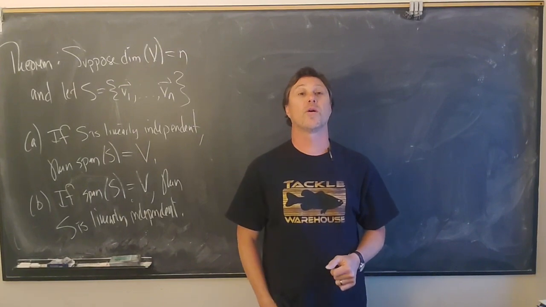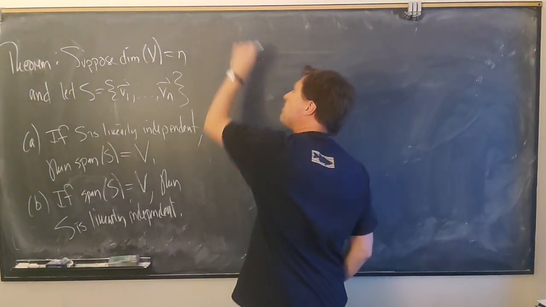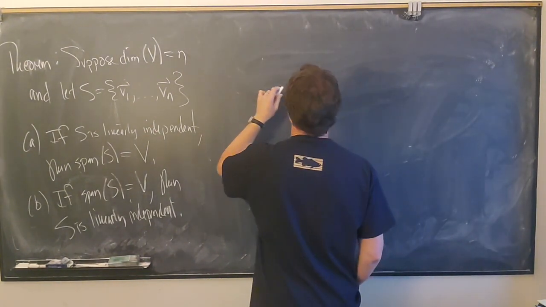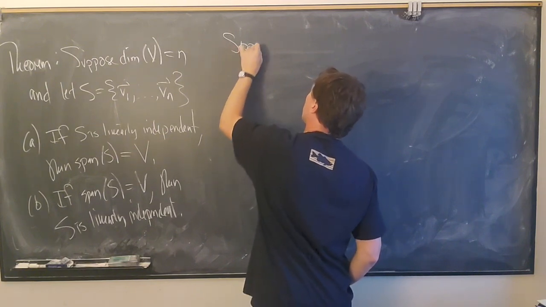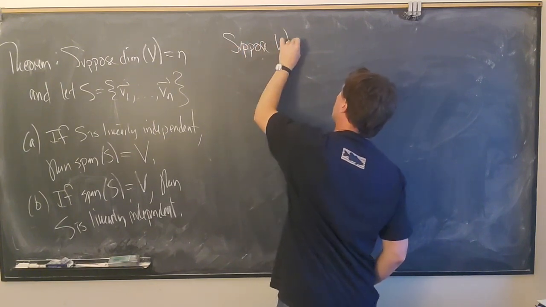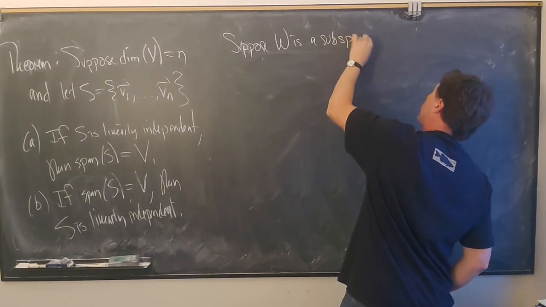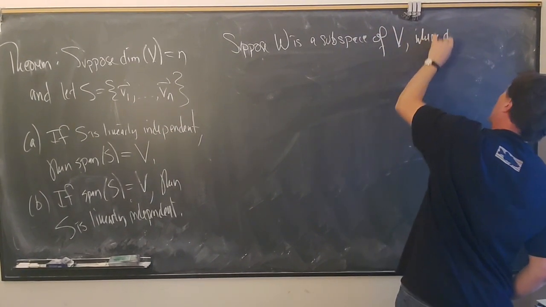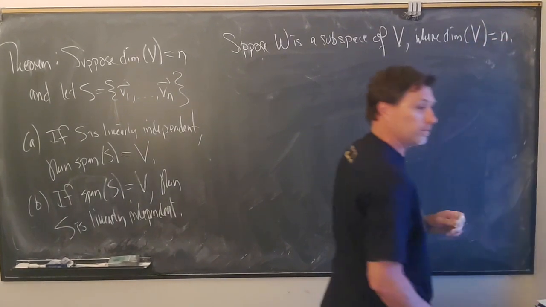All right, so I want to finish off with a discussion of how dimension works with subspaces. And so suppose W is a subspace of V where the dimension of V is equal to n.